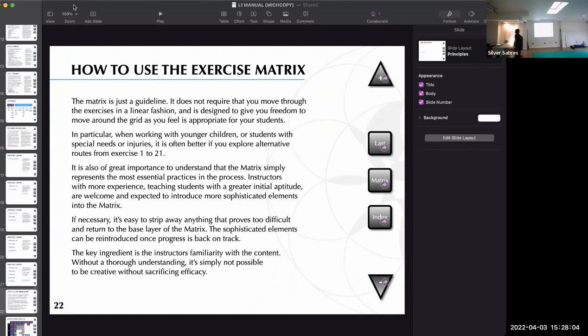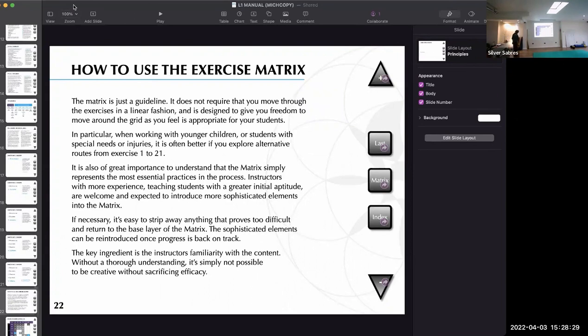If necessary, it's easy to strip away anything that proves too difficult and return to the base layer of the matrix. The sophisticated elements can be reintroduced once progress is back on track. The key ingredient is the instructor's familiarity with the content. Without a thorough understanding, it's simply not possible to be creative without sacrificing efficacy.